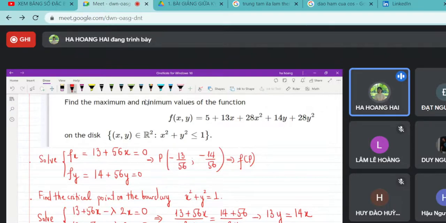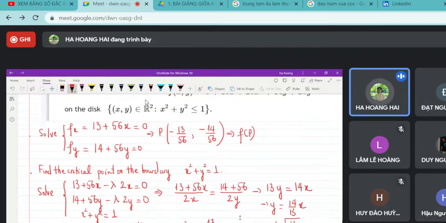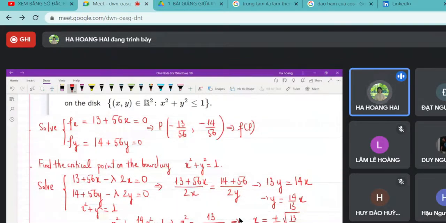So we get that x equal to plus minus, right? It means that we have two critical points here, one when x equal to this value, and the second point is minus 13 over 27. That's it.